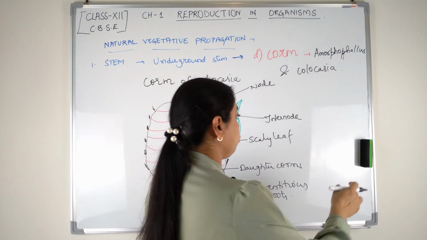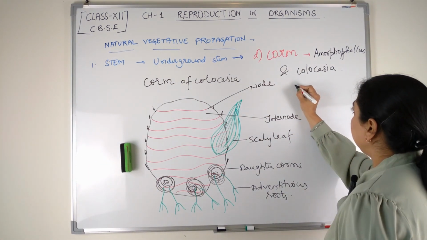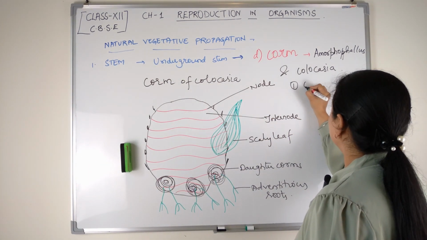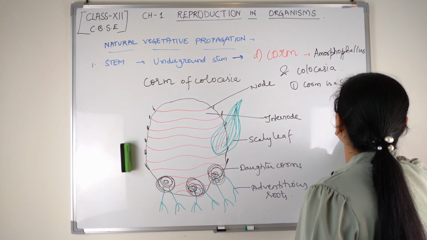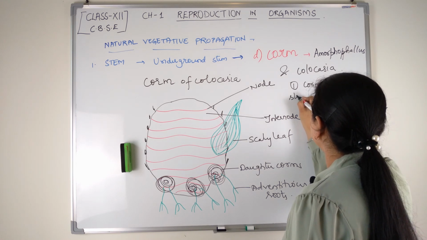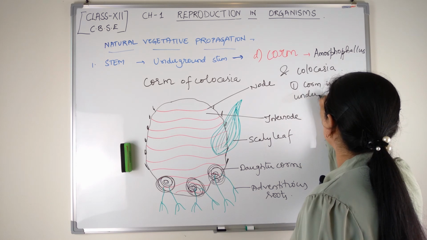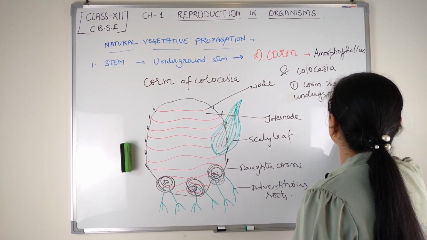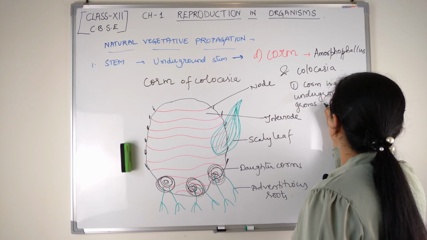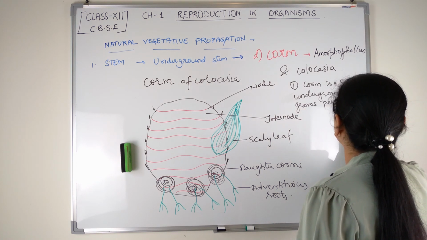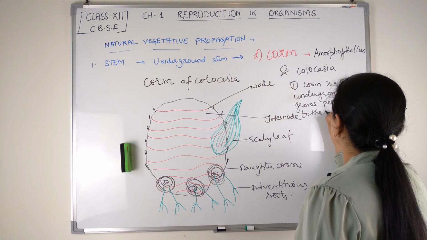So what are the features of corm? First of all, corm is a swollen structure, or it's a swollen underground stem that grows perpendicular to the soil surface.